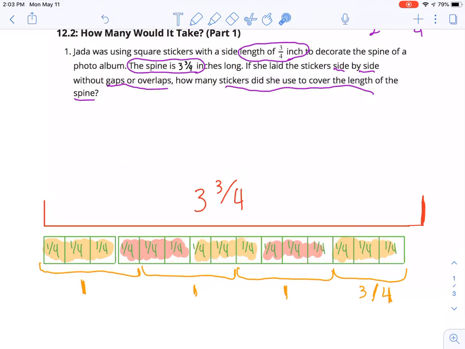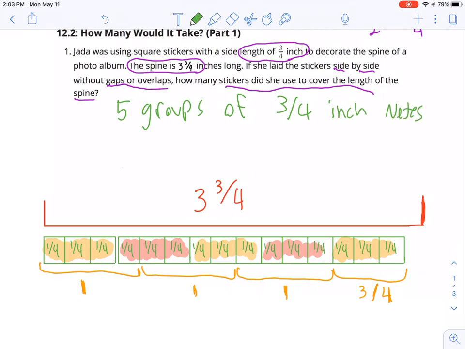Okay, so that's kind of the way it works. Okay, so what do we know? Well, we know that it's 1, 2, 3, 4, 5 groups total. Or you can even say 5 groups of 3/4 inch notes.